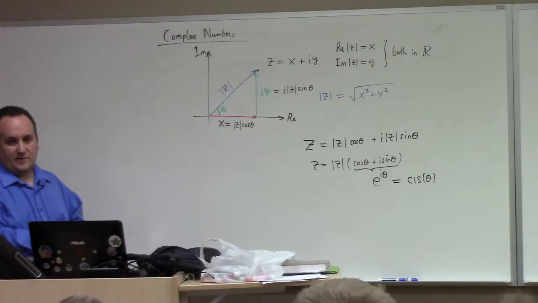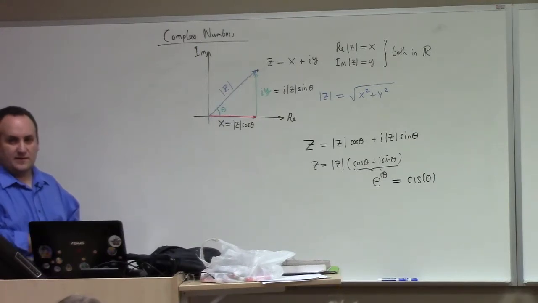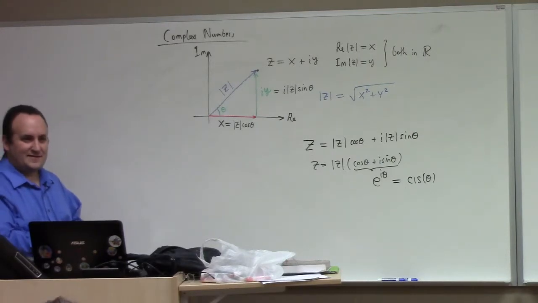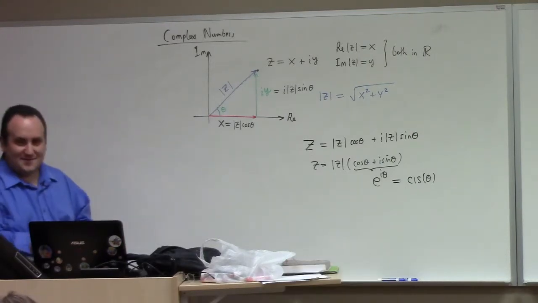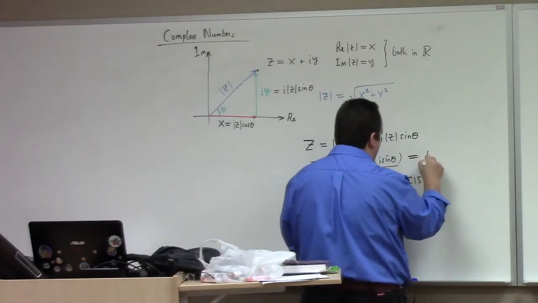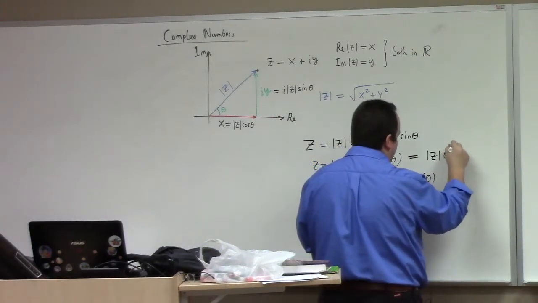Cis theta is for people who are cowards, people who are unwilling to embrace e to the i theta. Oh no, the students will never understand e to the i theta. I need to do cosine and imaginary sine theta. Really? Why would you do that? I'm sorry, cowards. I stand by my name calling. Let's see here. So we get modulus of z, e to the i theta. There you go.